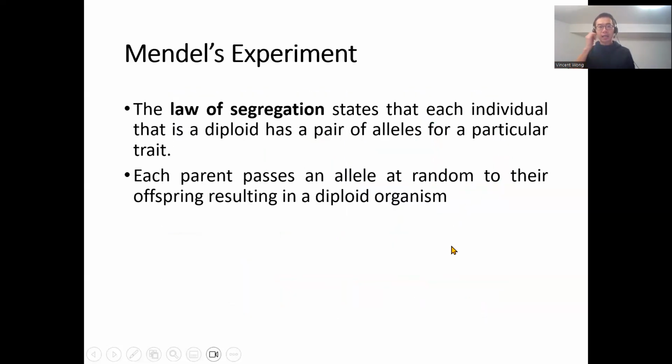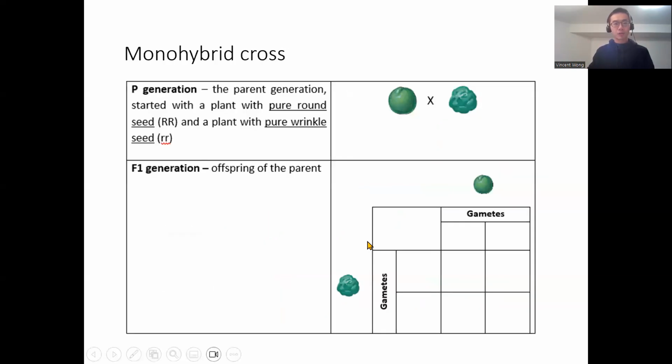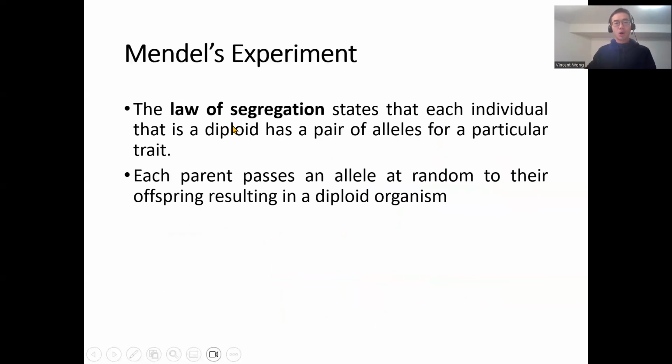So Mendel has a law that he figured out. The first law is called the law of segregation. The term sounds really confusing, but all that means is that any parent is only able to pass on one of their two alleles, if we are talking about a diploid organism, which we are.